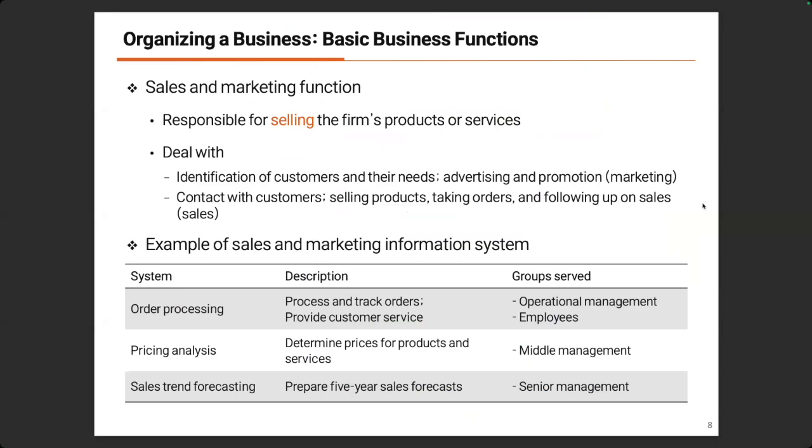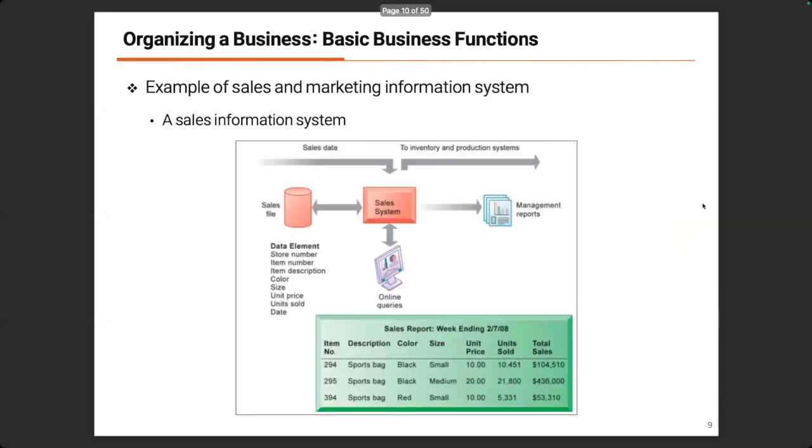This can be done by analyzing advertising performance, pricing decisions, and sales performance. And the senior management uses sales trend forecasting systems to prepare a 5-year sales forecast. This can be done by monitoring trends in new products and sales opportunities, planning for new products and services, and monitoring the competitive environment. This is an example of such information systems.